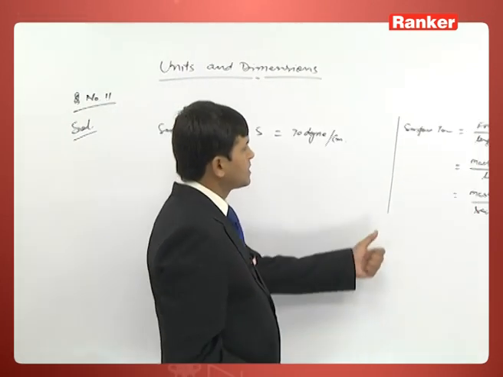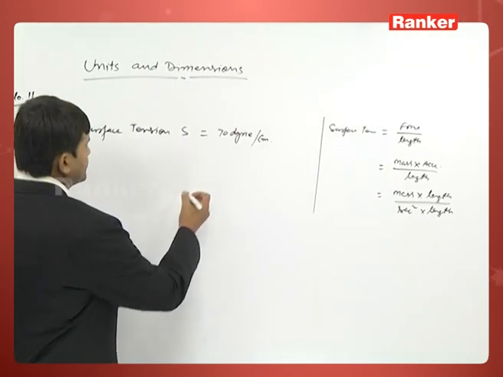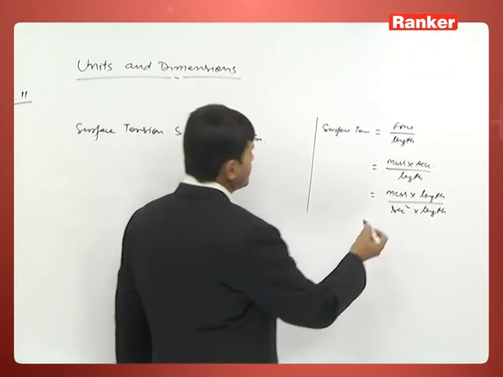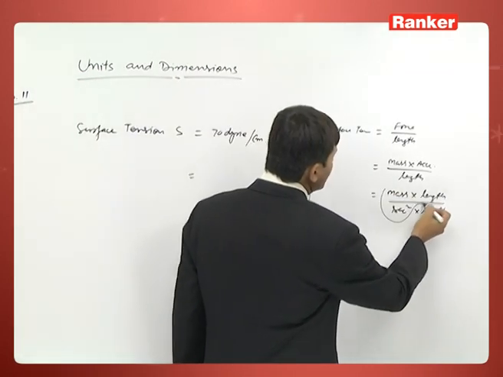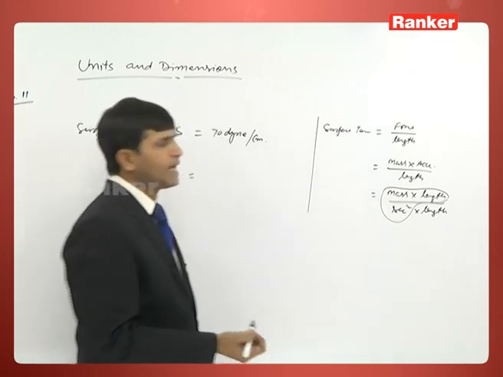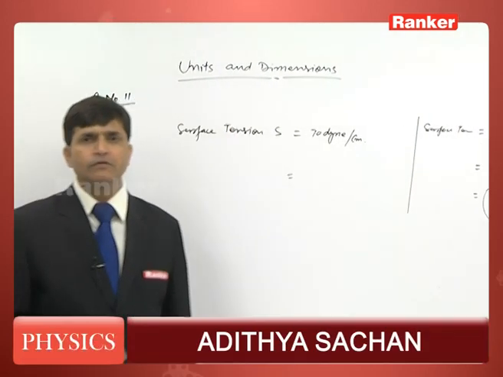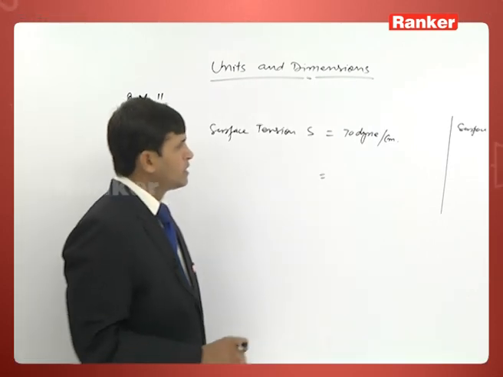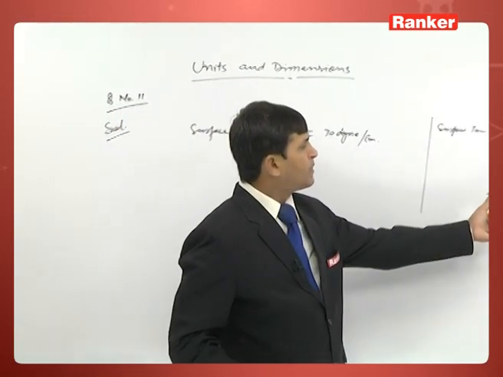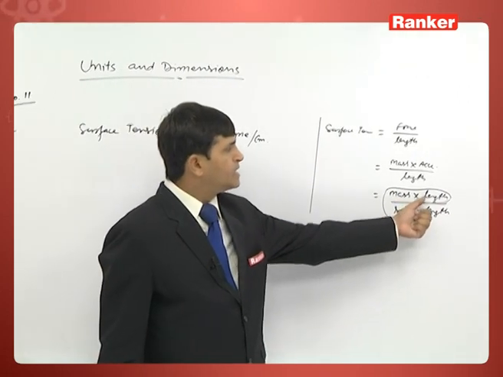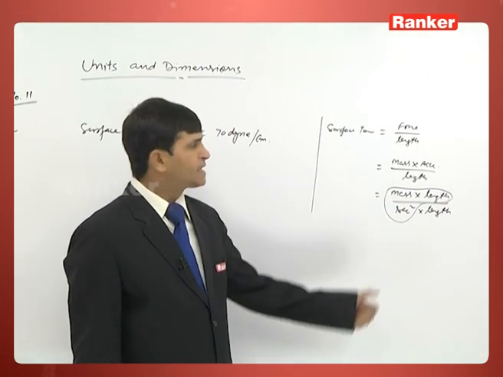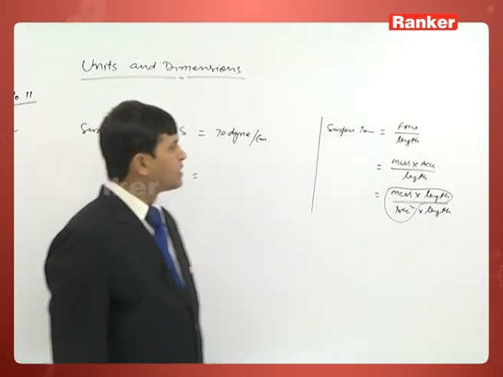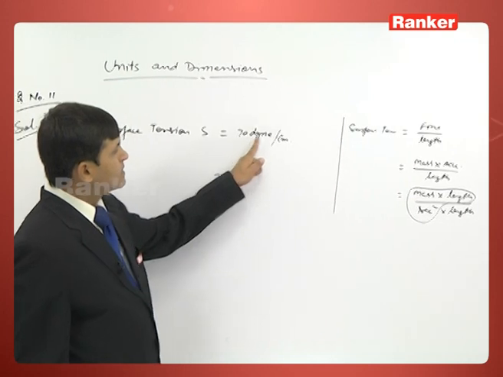Now from here we can calculate that 70 gram centimeter per second square per centimeter. This whole term can be written as a dyne. Dyne is the unit of force in the CGS system. In the CGS system, mass is in gram and length is in centimeter, and we can convert to SI.